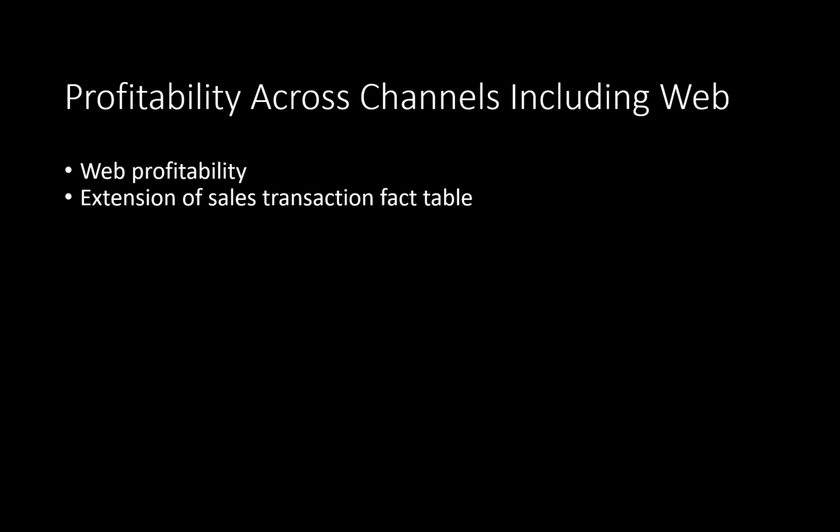These are called profit and loss fact tables, which are really similar to sales transaction fact tables. The grain of the profit and loss fact table is an individual item in a sales ticket.